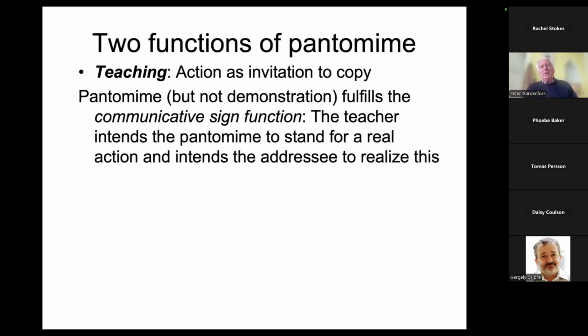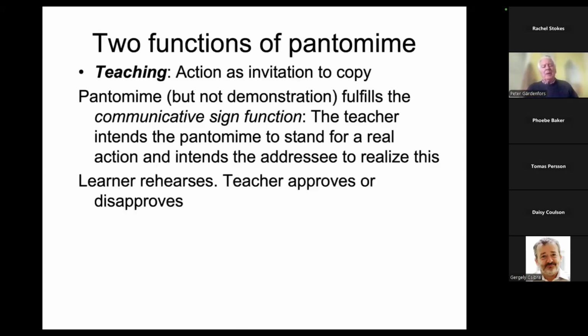So this has a sign function, and it's a communicative sign function. That's a first step towards real communication. Some of you may know about the philosopher Paul Grice's conditions for communication, and this is a weaker form of the Gricean condition. But we find this kind of condition already in pantomime.